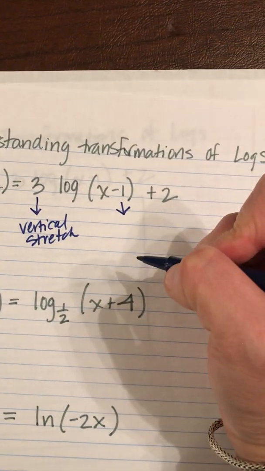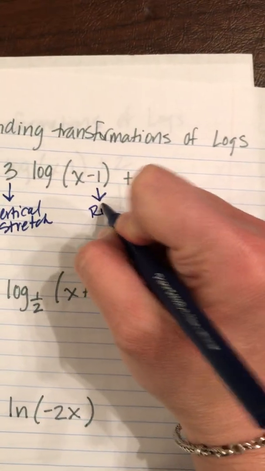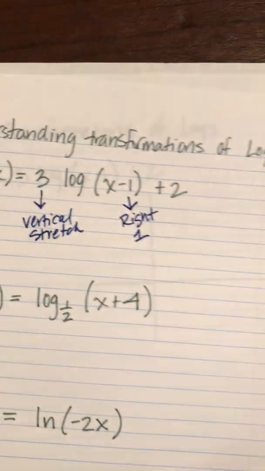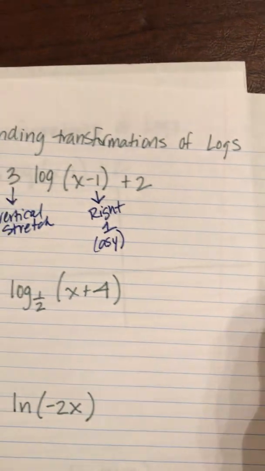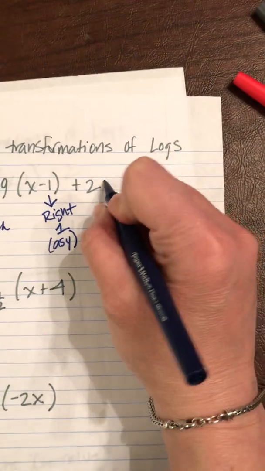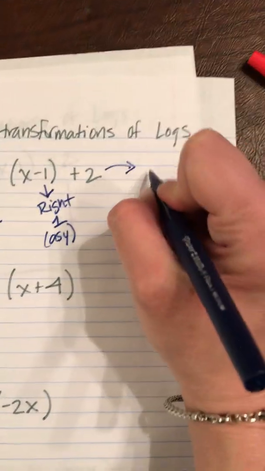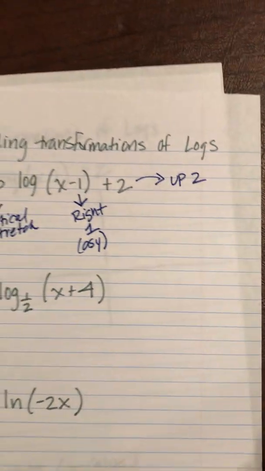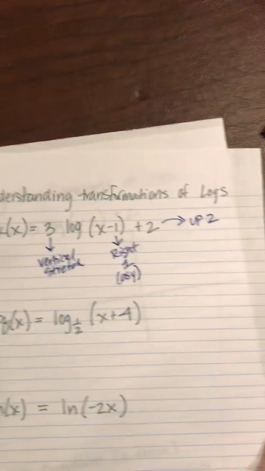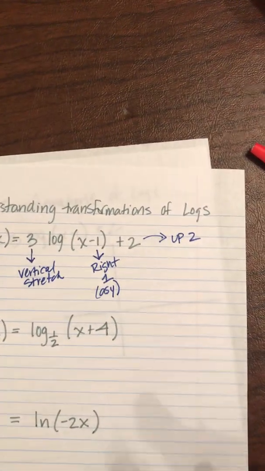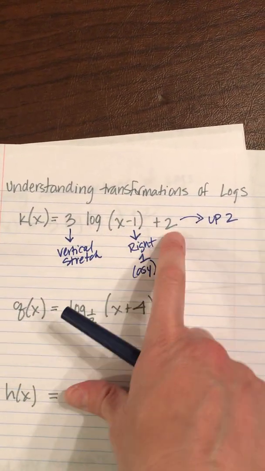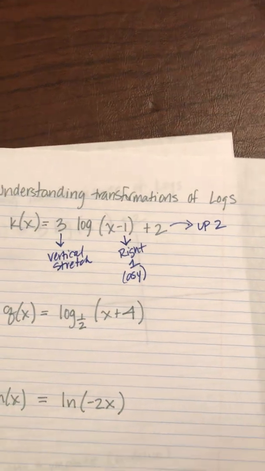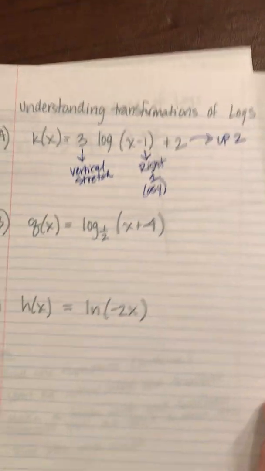This is going to be our shift left or right. So in this case, it's going to go right 1. And remember, this is your asymptote, so don't forget about that when we actually get to graphing. And this plus 2 is going to cause my graph to shift up 2. So if you were going to describe the transformations of a log function, you just have to talk about what each individual number does to my graph compared to its parent function.